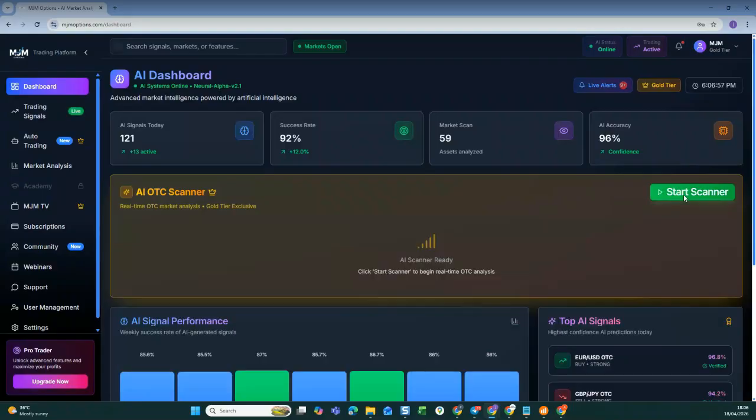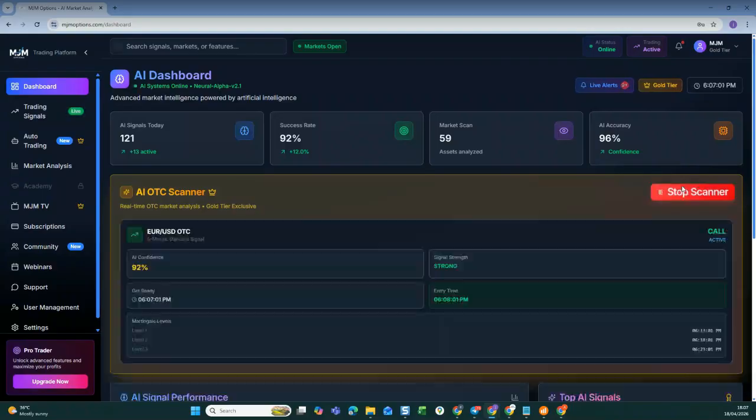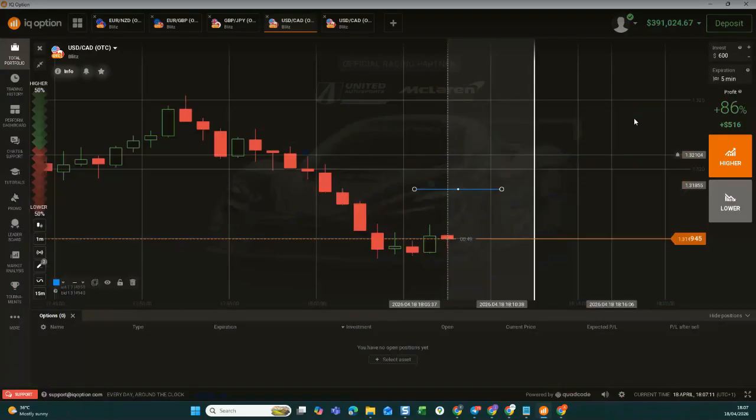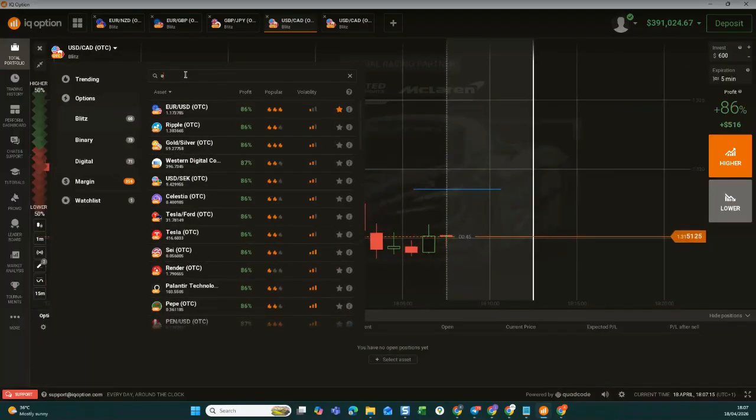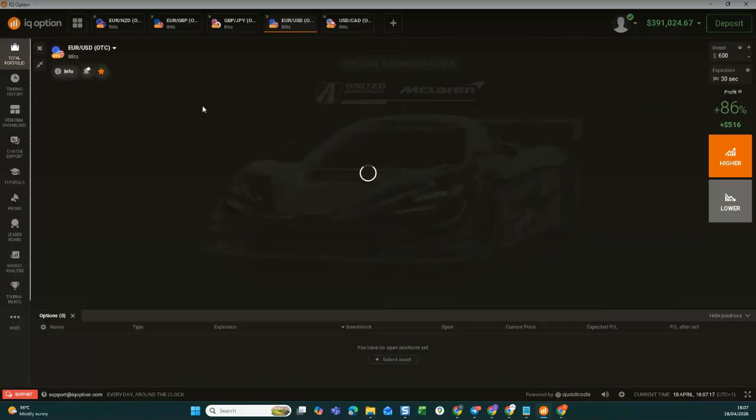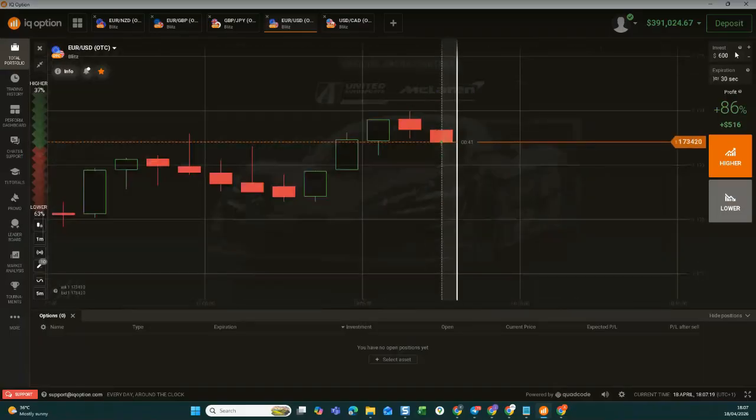So 73, 80, 92. We have 92 and signal strength of strong. And what do we have? EUR USD. So I come here and I search EUR USD. I click. I know I'm risking 600.